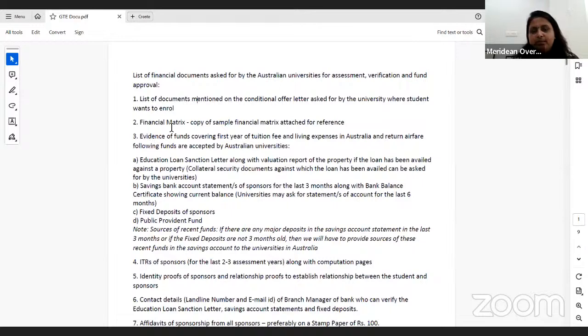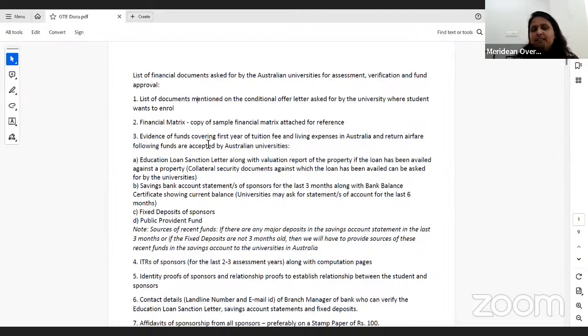Next, the financial matrix. This is an Excel that you need to make. It shows how many accounts there are, how many funds are in that particular account, and what the status of the account is. Each and everything is mentioned in this financial matrix.